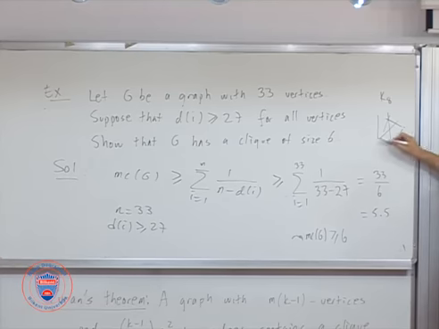This means you have 8 vertices where they're all connected, right? So inside it, there's always a K6. Because of that, if your clique size is bigger than 6, there's always a clique of size 6. And this implies the conclusion that you want.